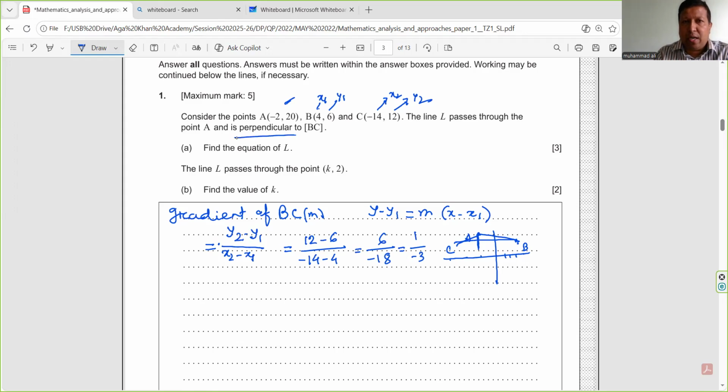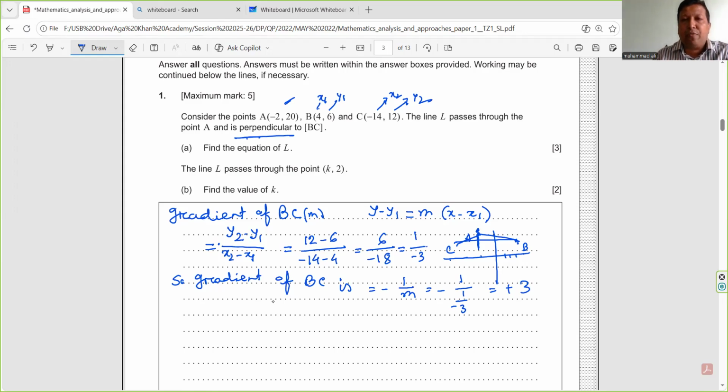One thing is very important here. The line L passes through A and is perpendicular to BC. So any line which is perpendicular to BC, its gradient will be the negative reciprocal. If this is m, that one will be minus 1 by m. So it is minus 1 divided by minus 1 by 3, so it will be plus 3.